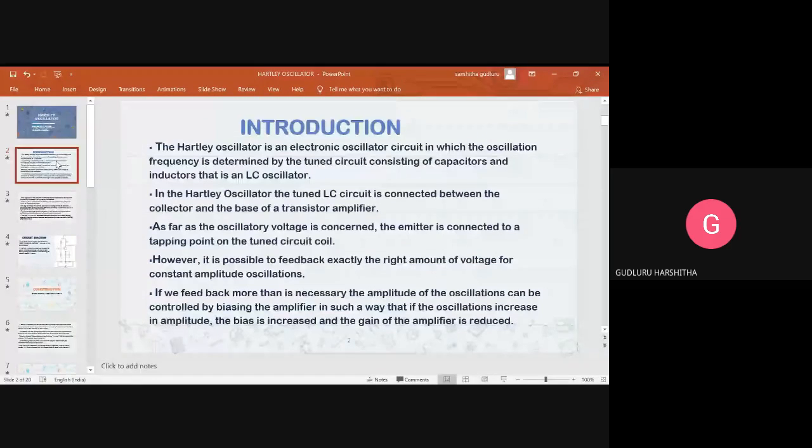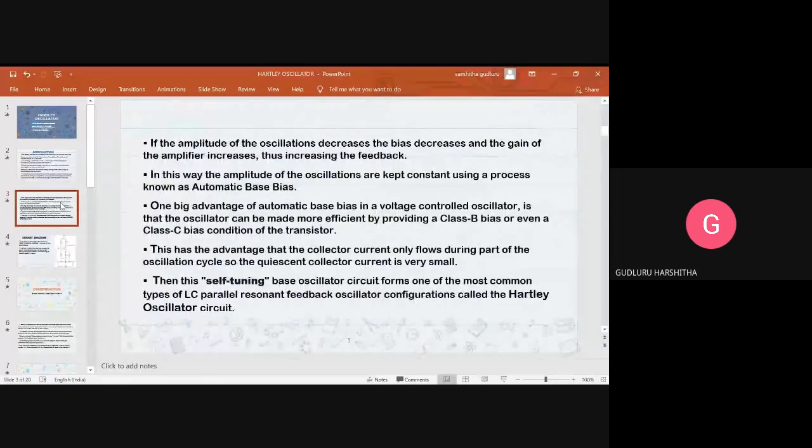If the amplitude of the oscillations decreases, the bias decreases and the gain of the amplifier increases, thus increasing the feedback. In this way, the amplitude of oscillations is kept constant using a process known as automatic base bias.